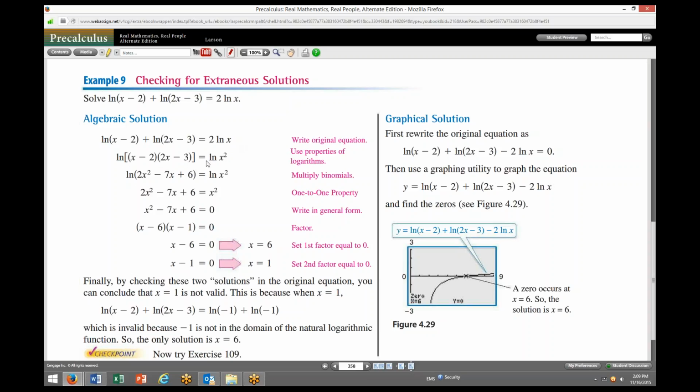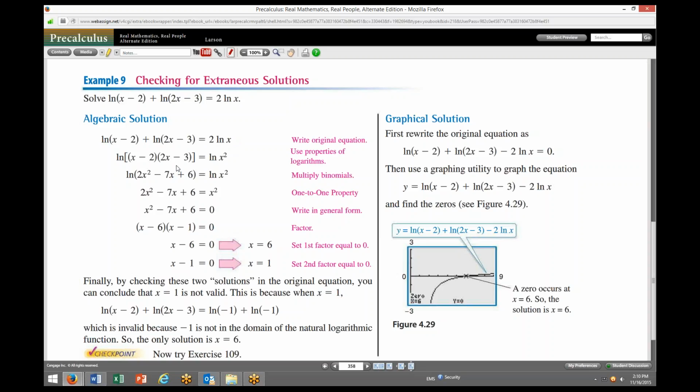If you recall this second property, if you have a coefficient in front of a log expression, you can remove the coefficient from the front and put it as an exponent on whatever it is you're taking the natural log of, or log base any base of. So this 2 out here can become an exponent on the x. And they do that so that the right side becomes natural log of something, just natural log of x squared. The left side is natural log of these two multiplied together.